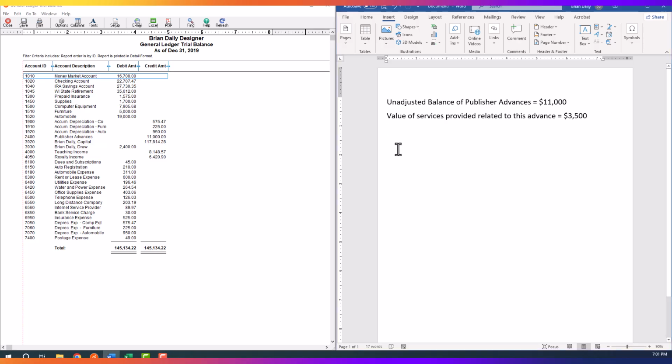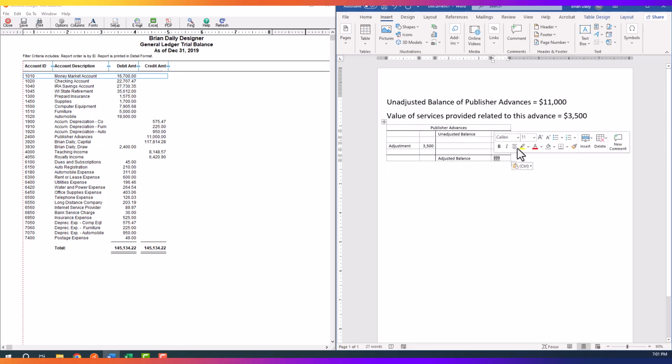So if we want to visualize this through a T account, this is a liability account, so it has a normal credit balance. We can see that in the trial balance there. $11,000 is the unadjusted balance. And then, if we've provided some of those services, we don't owe all $11,000 worth of services yet. We need to decrease the balance of this liability account. So the $3,500 is the amount of the adjustment, the amount of subtraction that has to occur from the liability account.